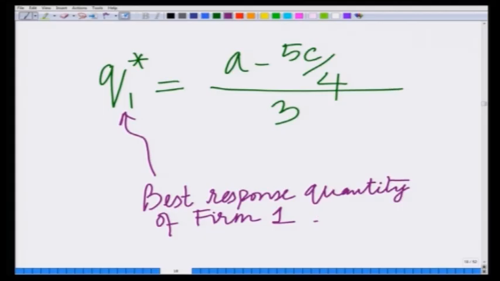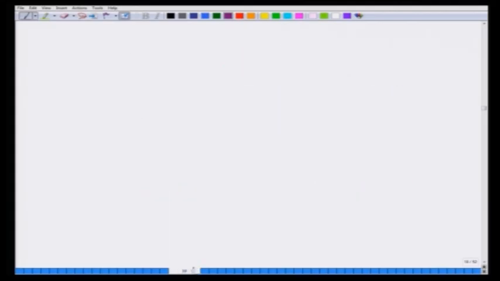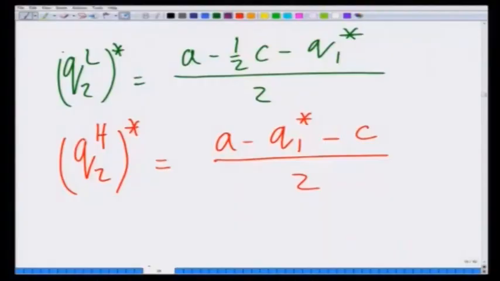This is the best response quantity of firm 1. Now, we can substitute this Q1 star in these expressions to derive the expressions for Q2 L star and Q2 H star.